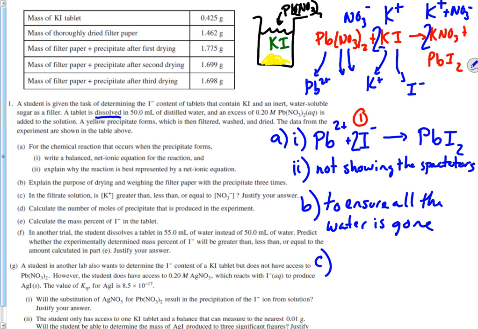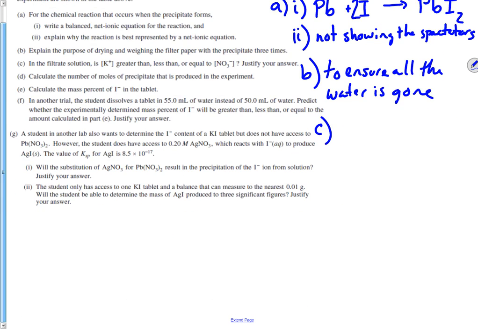I'm going to give it away right now. Boom. Because there's 2 NO3s that came to the party in the ratio versus only 1 K, there has to be more NO3. So the answer is K plus, concentration of K plus.